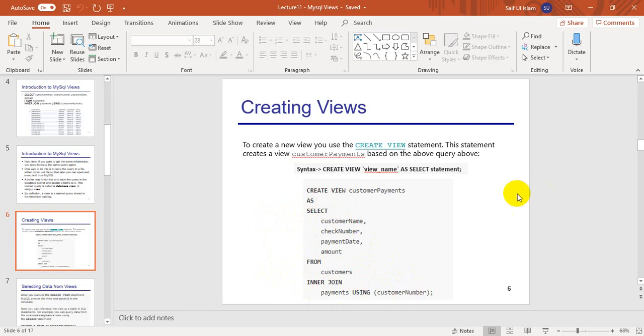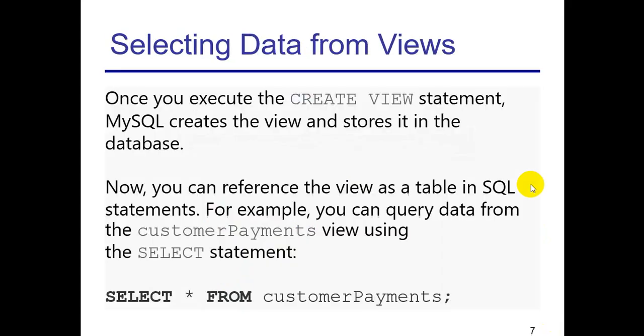Now, how are we going to select the data from these views when we want? So let's move to the selection of the data from the views. Once you have executed the CREATE VIEW statement, MySQL will permanently store this view in the database. Views are virtual tables, so they are stored just like tables in the database.